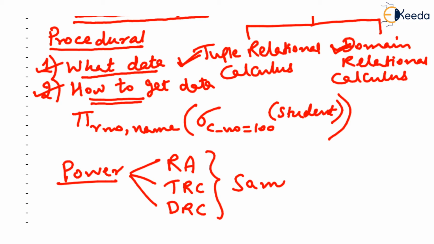By power, what I mean is that if you are able to write any query or any problem in relational algebra, then you will surely be able to write that query in TRC or DRC. So by power, we mean that the power of expression is the same as far as these three languages are concerned.